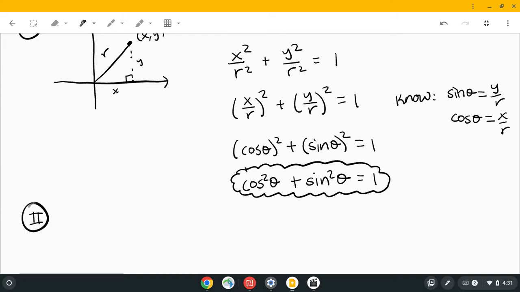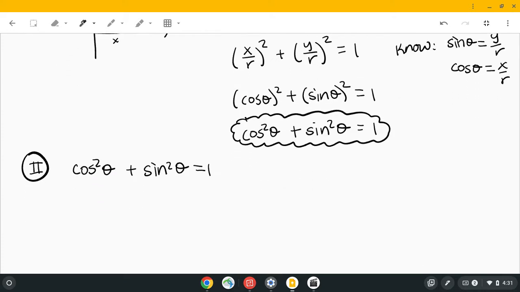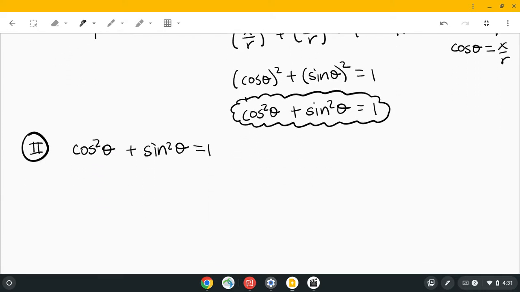Okay, so now the second one. I'm going to write this down. Cosine squared plus sine squared equals 1. We know that one, and we know where it comes from. And so we know this one is true.